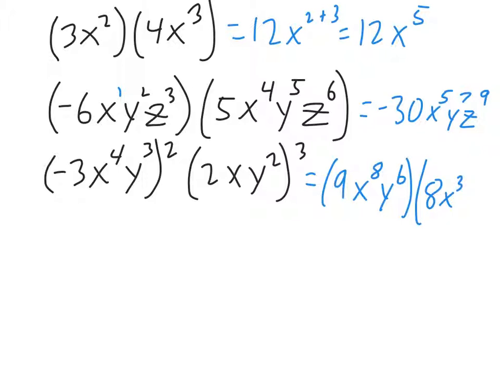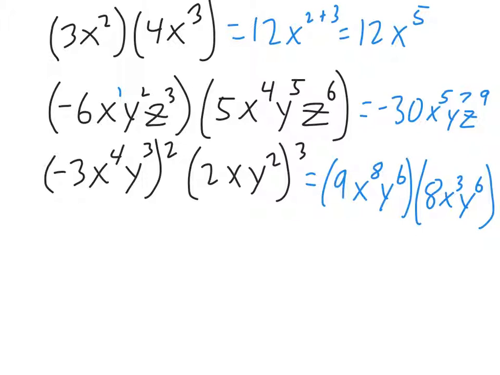And then y squared cubed, so again, multiply the exponents. 2 times 3 is again 6. So y to the 6th. Now, we're back to similar to the last problem. We need to multiply those two.